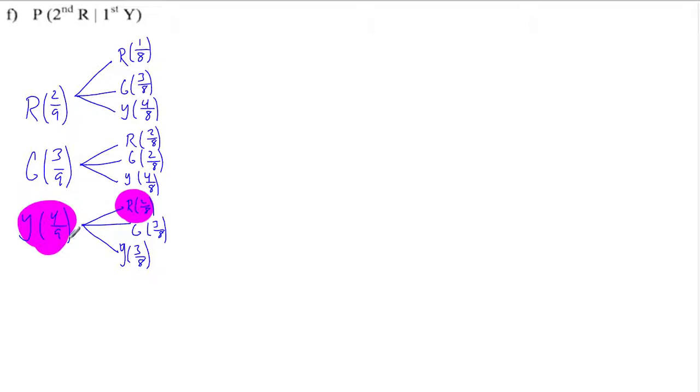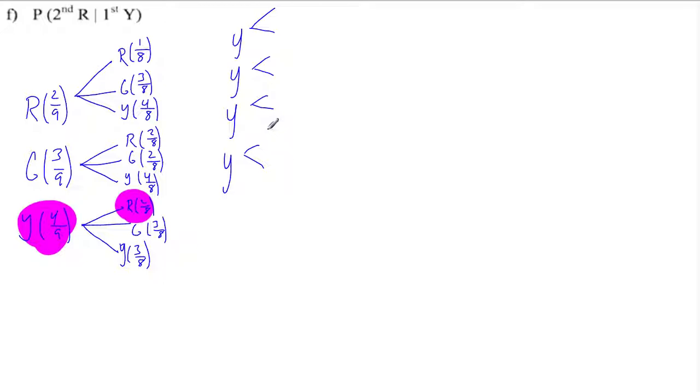So if it's given that the first is yellow, how much is left? Well, that makes it so that there are 24 possibilities. Oh, sorry, 32, right? Because if it's given that it's yellow, we could have yellow, yellow, yellow, yellow. And if we want to get a second red, we could have red, red, red, red, red, red, red, red.